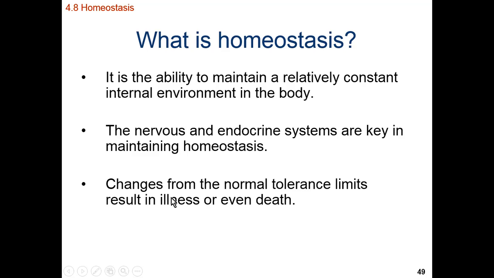So if your body temperature hits 102 degrees Fahrenheit or 39 degrees Celsius, that'll be illness. But if you hit 44 degrees Celsius or like 10 degrees Fahrenheit, that would be death. So very small changes, like a degree or 2 in body temperature, are no big deal. Medium changes of like 2 to 4 degrees can make you sick, and then larger changes of 10 degrees will kill you.